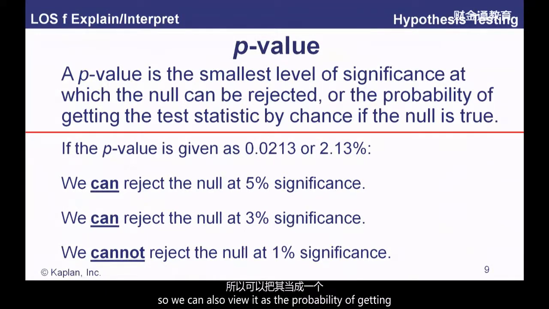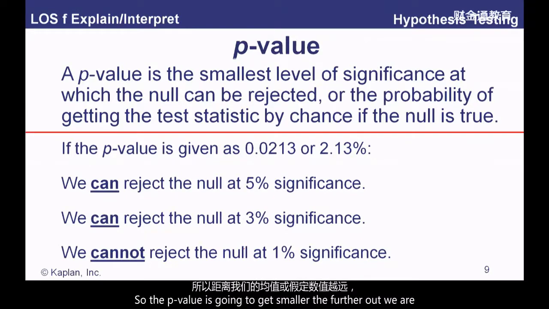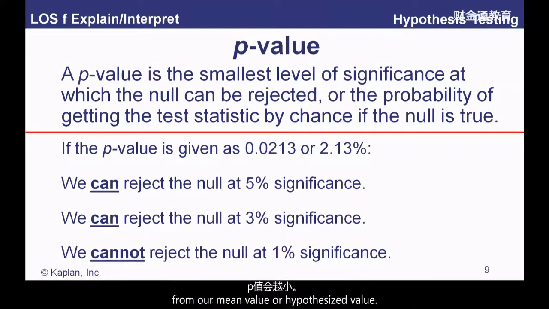So we can also view it as the probability of getting a test statistic that large just by chance, even though the null is true. The p-value is going to get smaller the further out we are from our mean value or our hypothesized value.